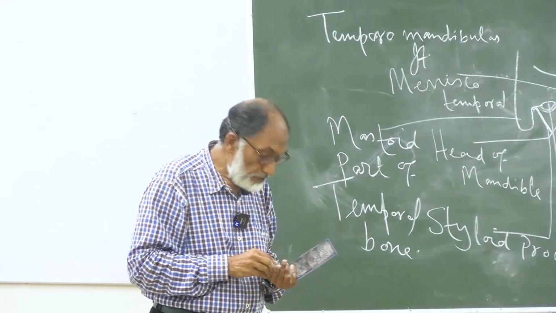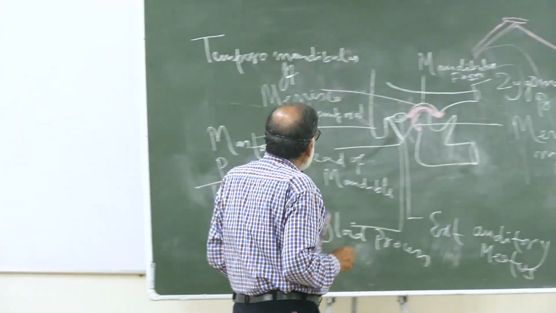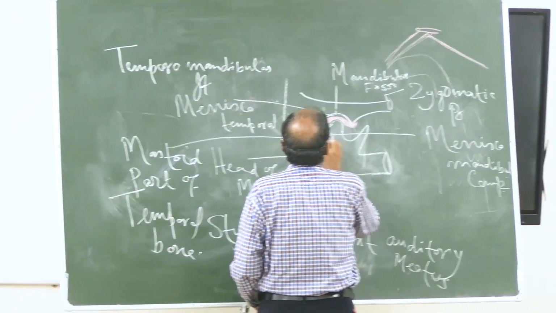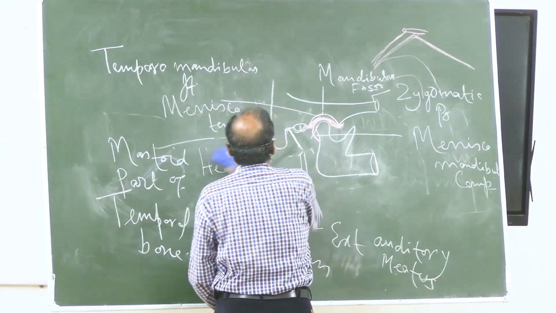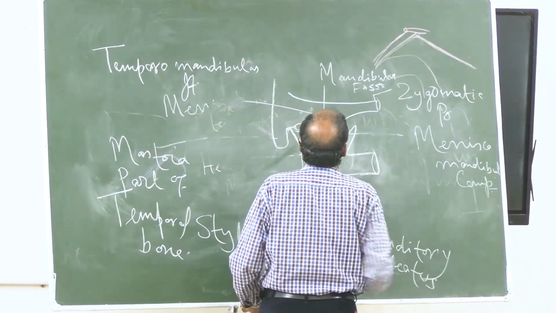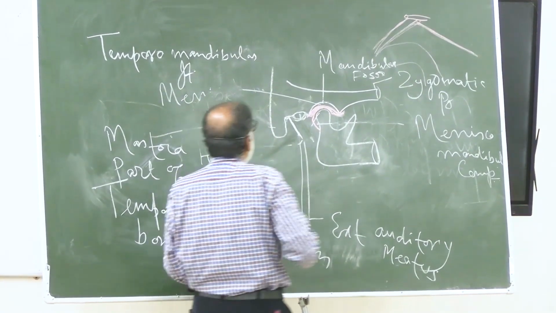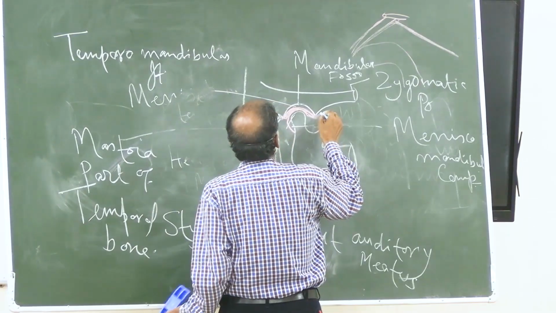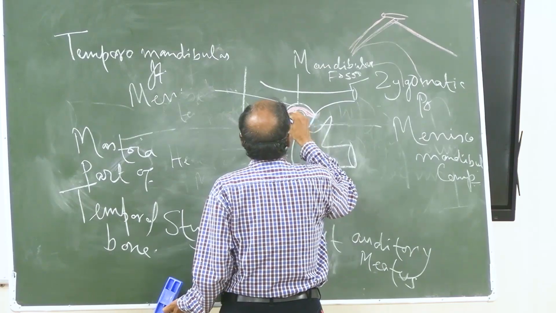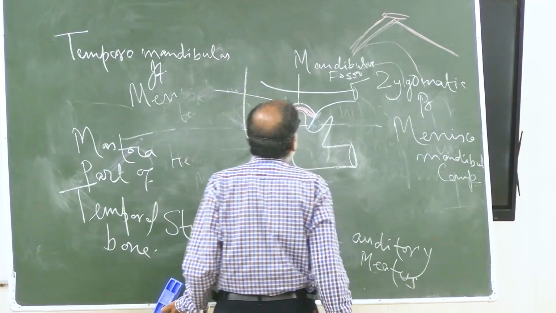Number one, in any synovial joint, first you should mention the capsular ligament. I will draw capsular ligament like this. This is the capsular ligament.